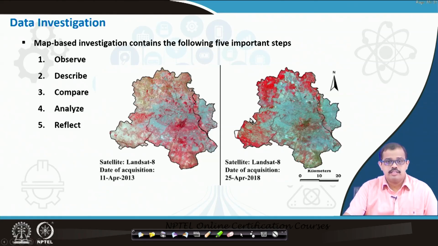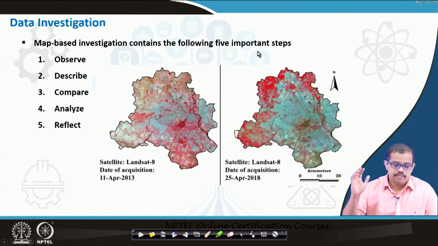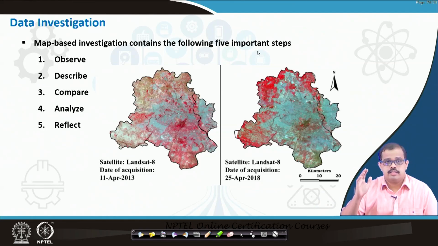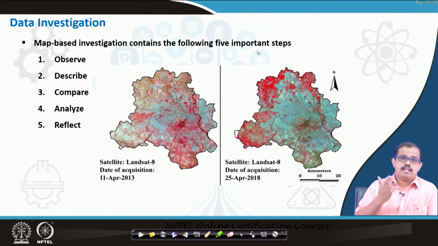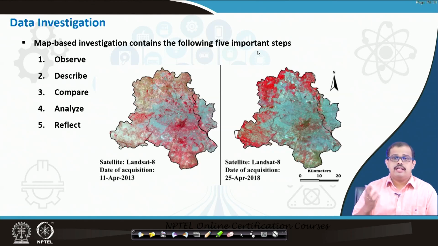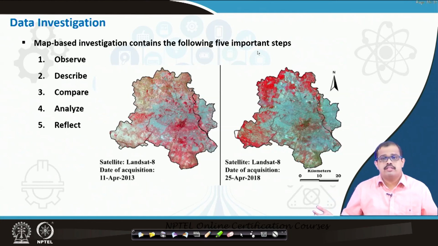When we look at these two data sets from Delhi, you know the geographical location of this data. And the most important thing, whenever you are looking at a map based investigation, is first to observe what is there in the map, and what those colors are representing. Go back to the electromagnetic spectrum and look at how the properties of the map vary across different spectrums.